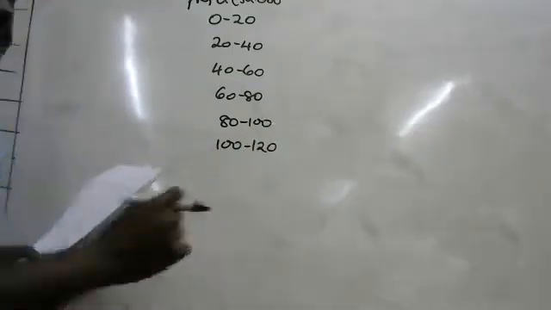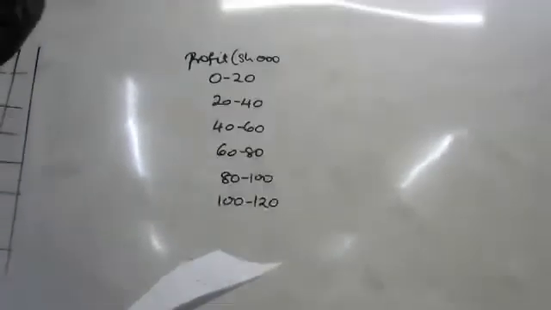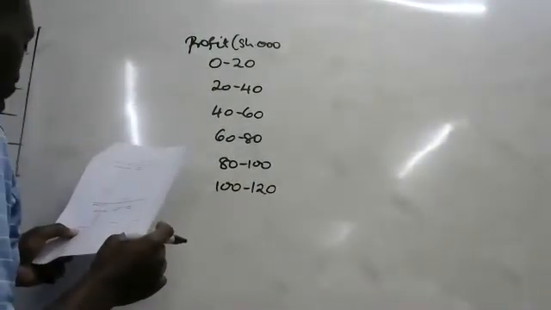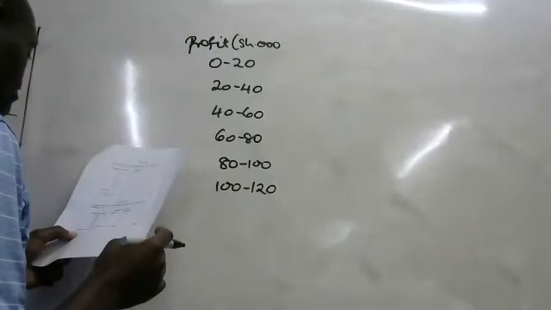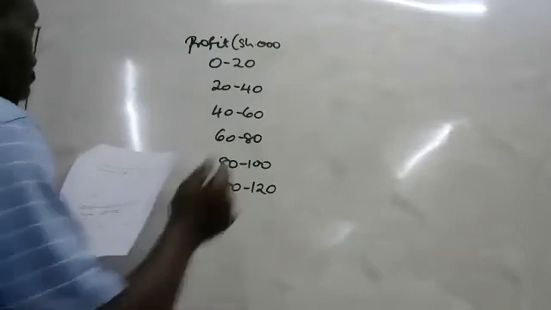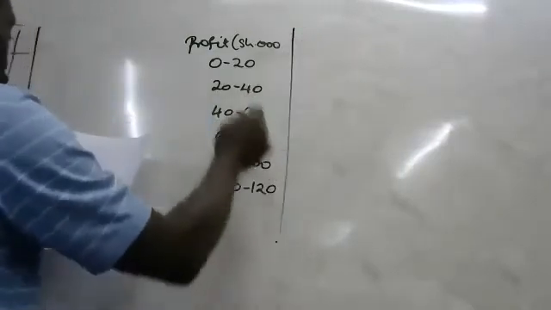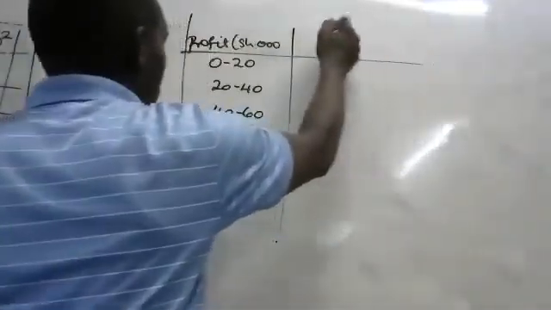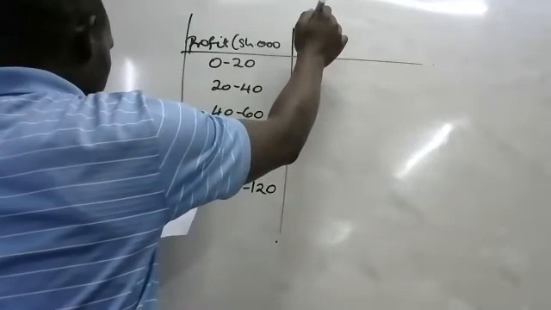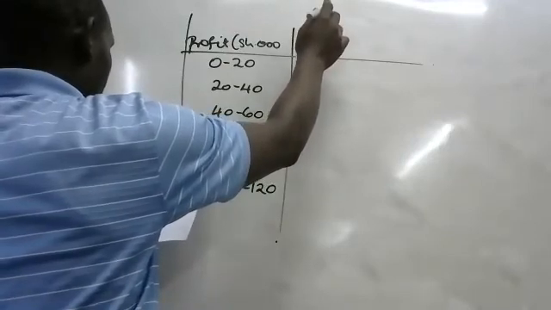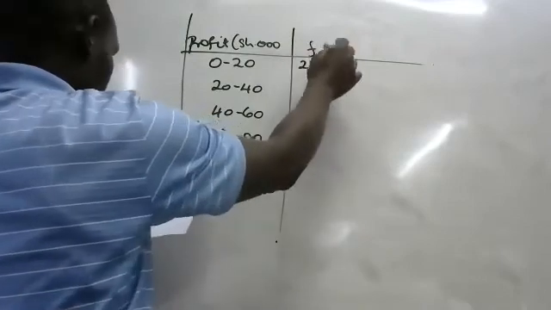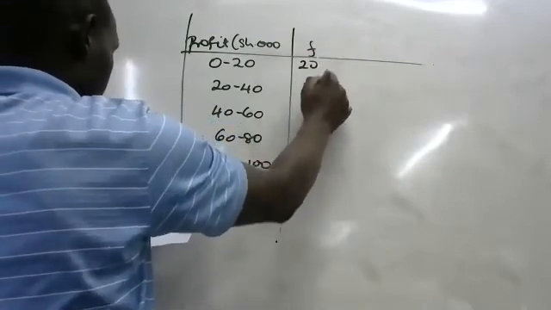You are given those as your figures for the profits that were earned by the company. We do it for company A. We have the frequency here: 20, 30.